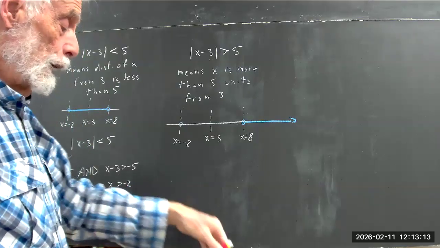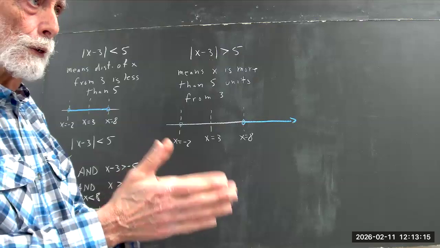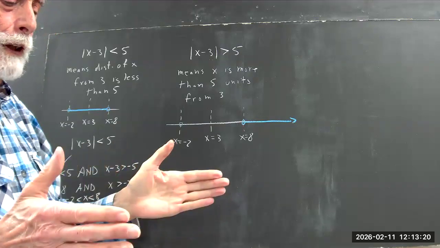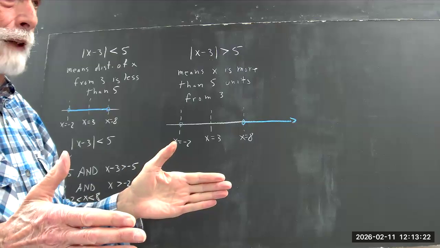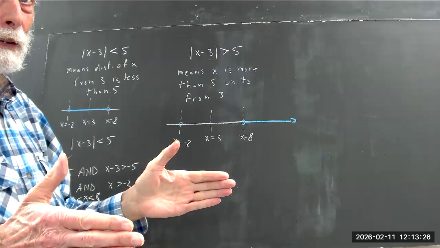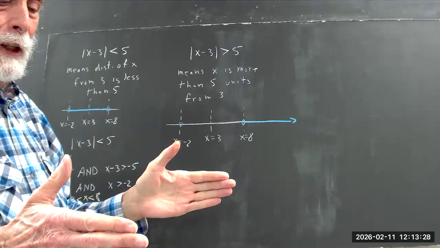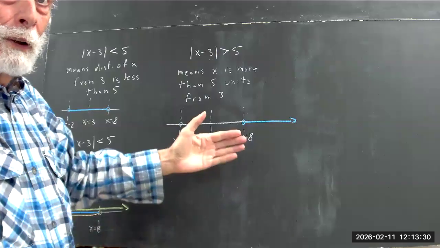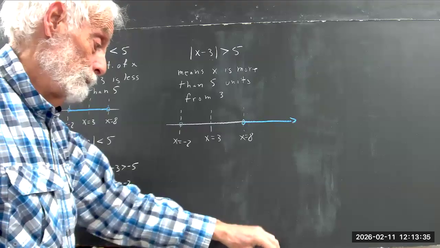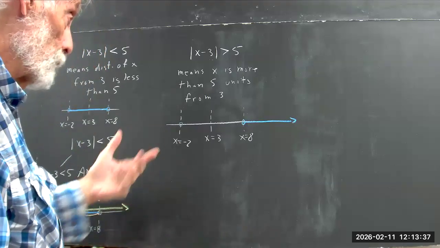If you want to just do that with your hands, you put your hands together right there as x equals 3. Move each hand 5 units. Everything between your hands is within 5 units of 3. Everything beyond your hands is greater than 5 units from 3.